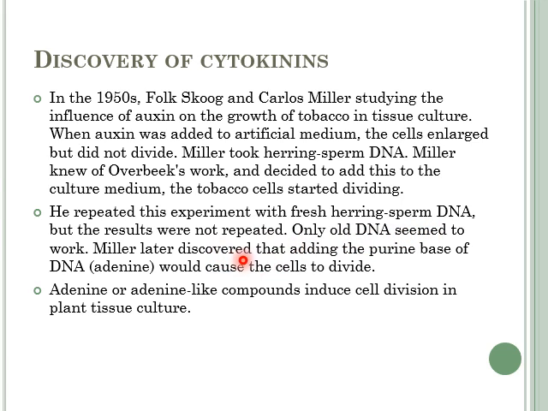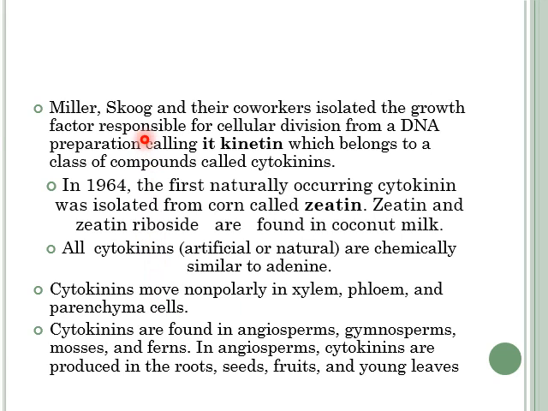Miller later discovered that adding the purine base of DNA, that is adenine, would cause the cells to divide. Adenine or adenine-like compounds induce cell division in plant tissue culture. Miller, Skoog and his co-workers isolated the growth factor responsible for cell division from the DNA preparation, calling it kinetin, which belongs to the class of compounds called cytokinins.